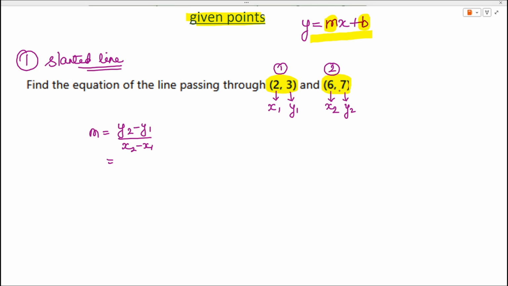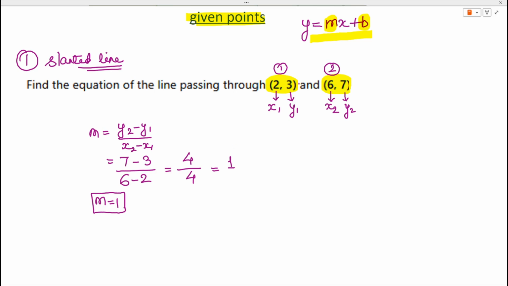So y2 is 7 minus y1 is 3, over x2 is 6 minus x1 is 2. 7 minus 3 is 4, 6 minus 2 is 4, and 4 divided by 4 is 1. So using the 2 points, we have figured out the slope as 1.